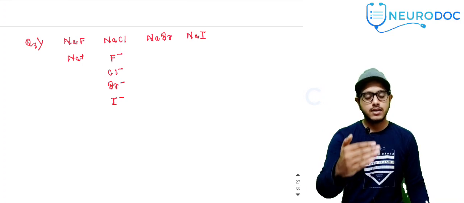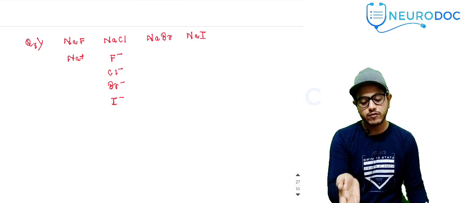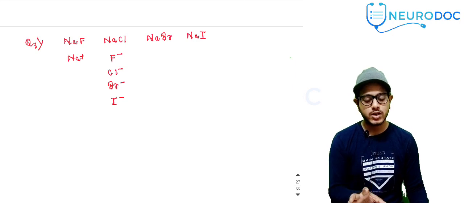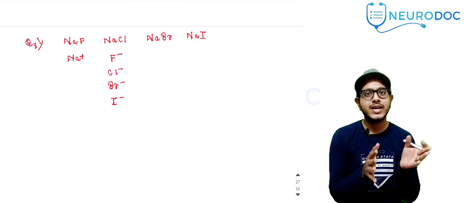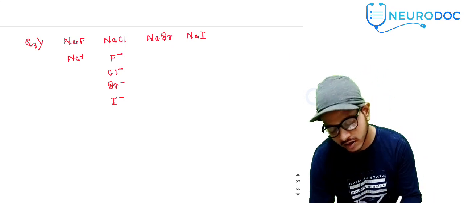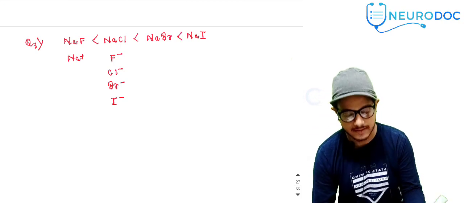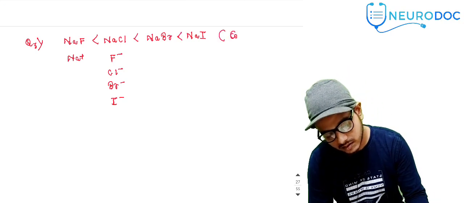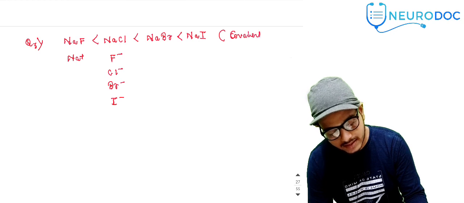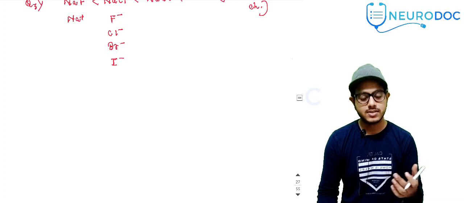As they lie in a group, the anions, and the size of I- being the largest one, it will be polarized easily, so it will have more covalent character. So what is the order of covalent character? This is the order of covalent character. Right? You are clear up to this?